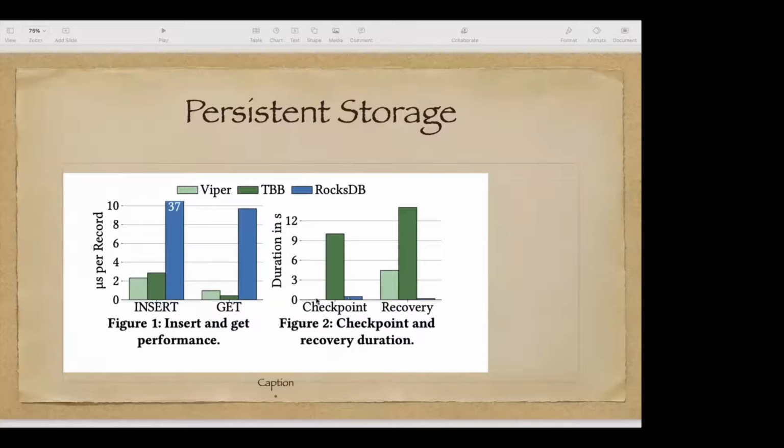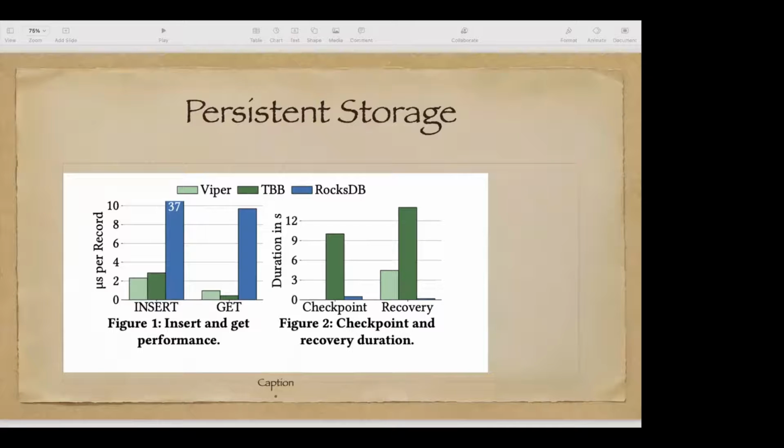Here, RocksDB and Viper are much more efficient in checkpointing compared to TBB, because RocksDB only flushes its volatile write buffer, and Viper only persists metadata. In recovery as well, RocksDB performs best as it reads only metadata and immediately accepts requests.